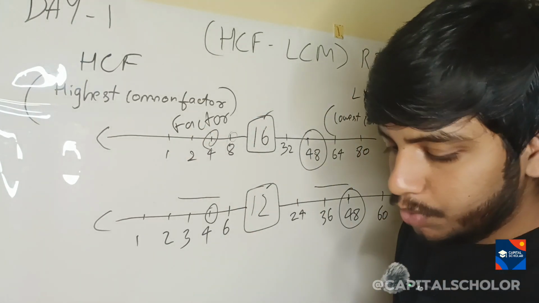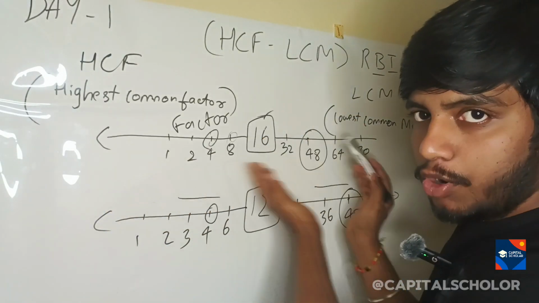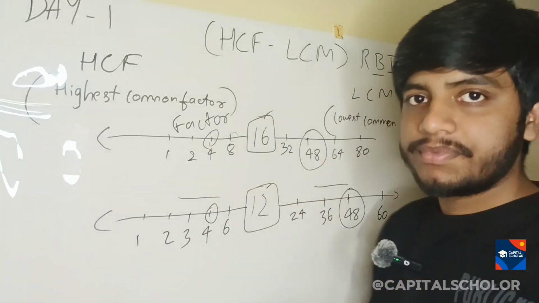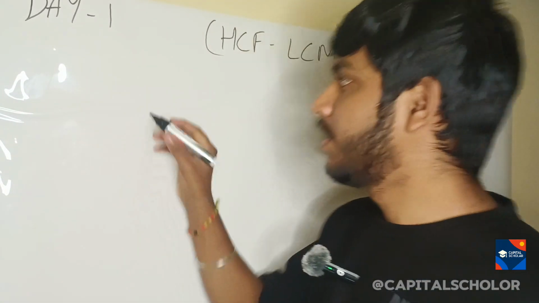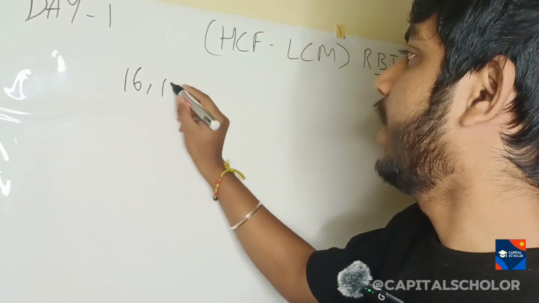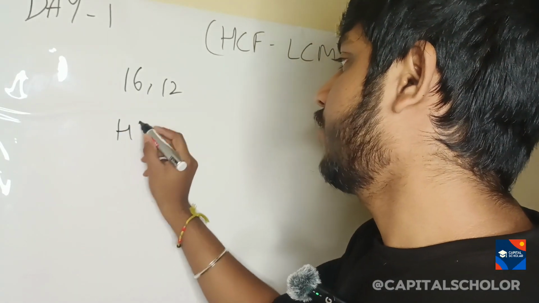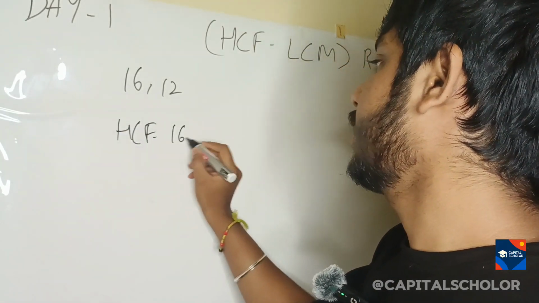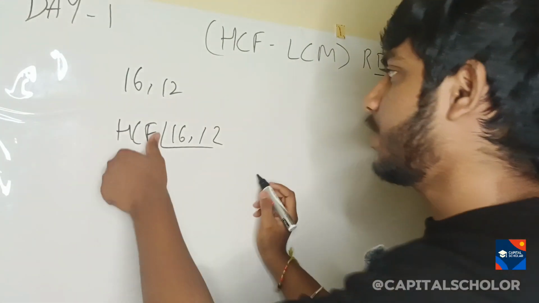Now I will teach you how to do it in the regular format. Let us find the HCF and LCM of 16 and 12 in the regular way. First, the HCF of 16 and 12.